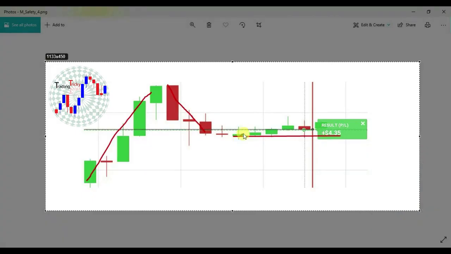Every time sellers are increasing their power, and in this candle we can see strong seller's entry at the end. Okay, and from a round number, so there is a chance to make a red candle too. That's the reason I have placed the trade with some margin.